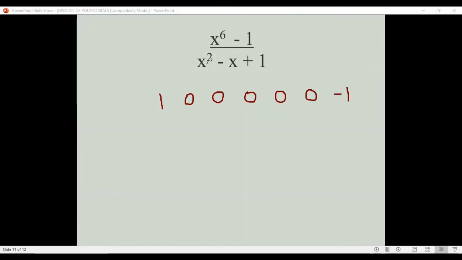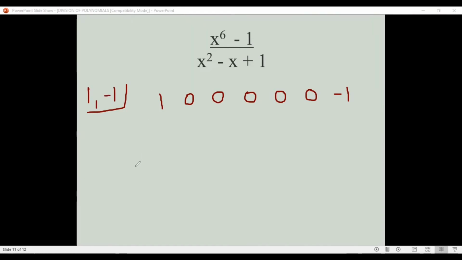Again, this one is x raised to 6, so 5, 4, 3, 2, 1 before your constant. And we have the divisor here, which is x squared minus x plus 1. So again, the middle term is understood to be negative 1, so that will be changed to a positive 1, while the positive 1 here is now equal to a negative 1.